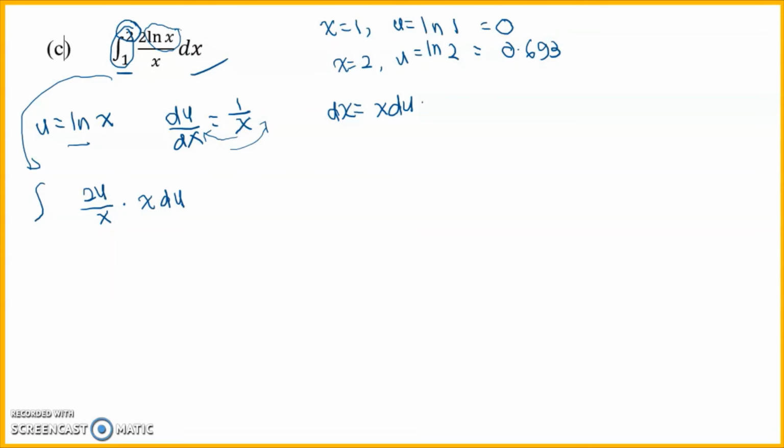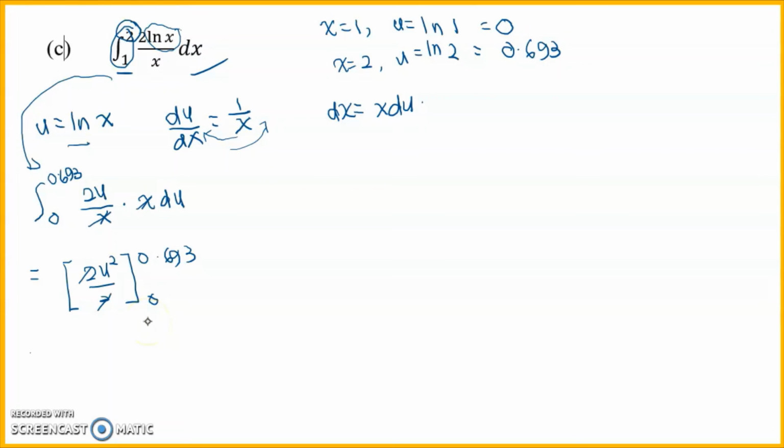So in this case, the lower limit is 0 and the upper limit is 0.693. Then if we integrate this, we're going to get 2u squared over 2, from 0 to 0.693. And I simplify this.